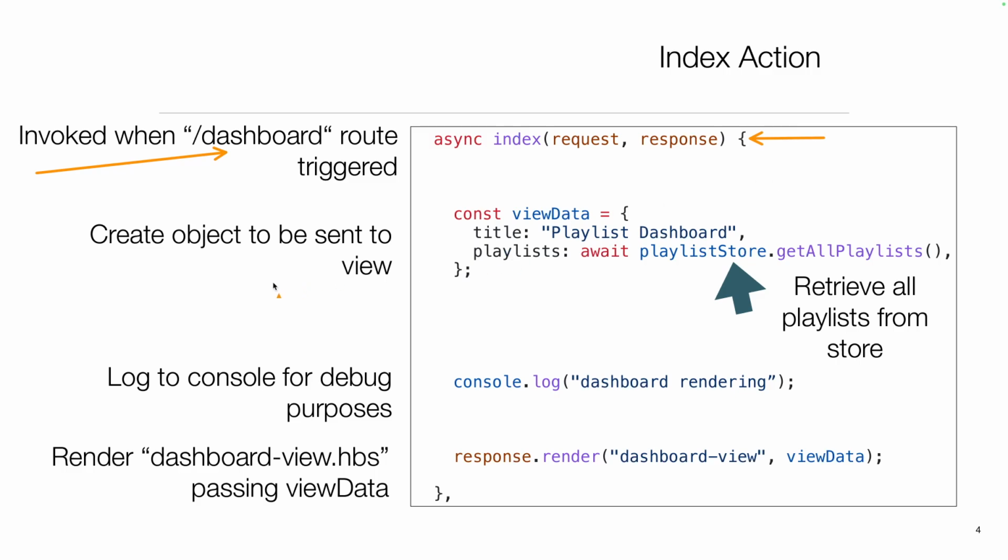So that will trigger our action, where we create an object to pass to our view, where we just have a title, and we're also communicating with our playlist store to retrieve all the playlists from the store.